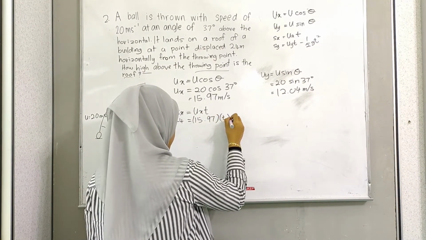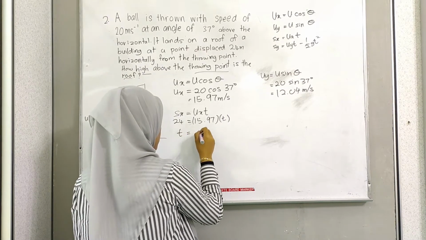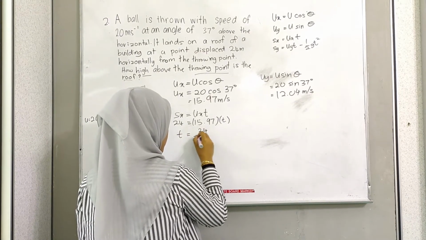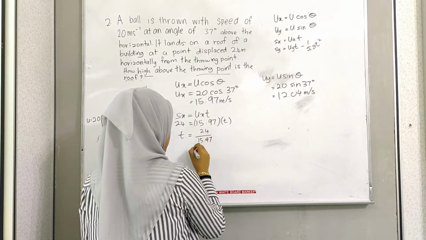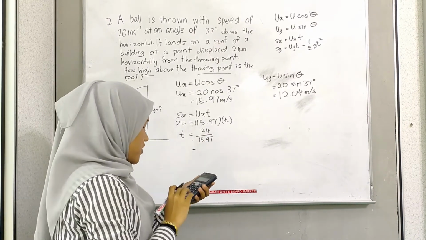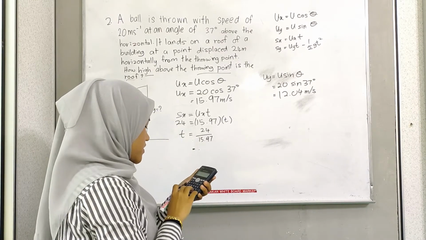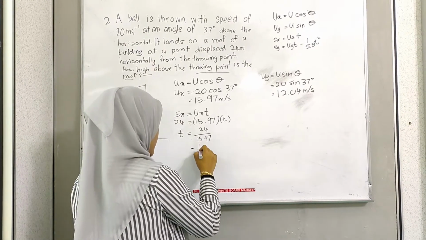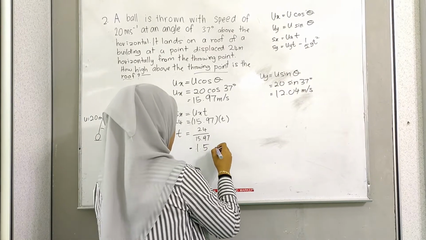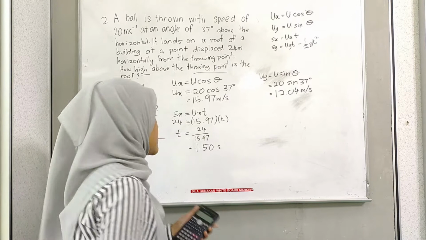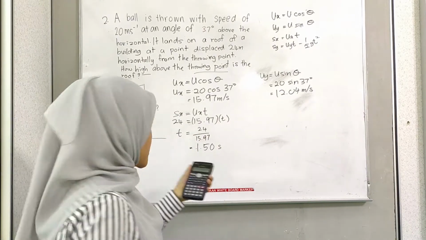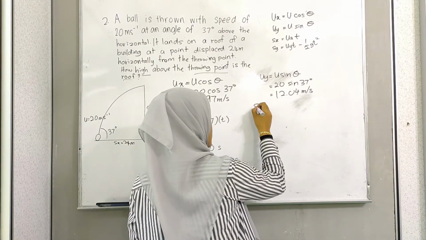T is equal to 24 divided by 15.97, which is 1.50 second.